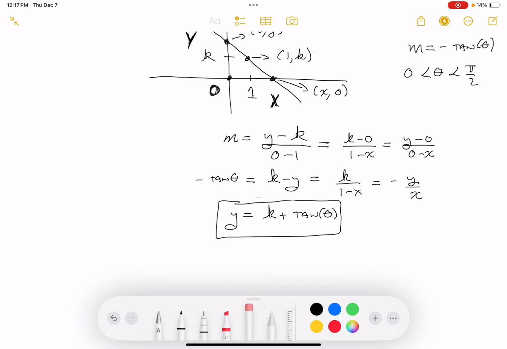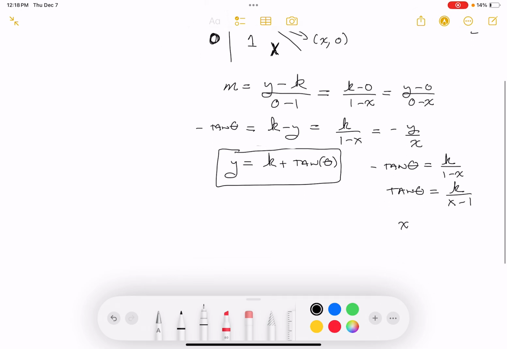They also ask for the x, by the way. And I'm looking at, I think, another relationship over here to get the x. I'll write this relationship down, that minus tangent of theta is equal to k over 1 minus x. And then what I'm going to do is multiply both sides by minus 1 because it looks a little strange to me. Tangent of theta is equal to k over x minus 1.